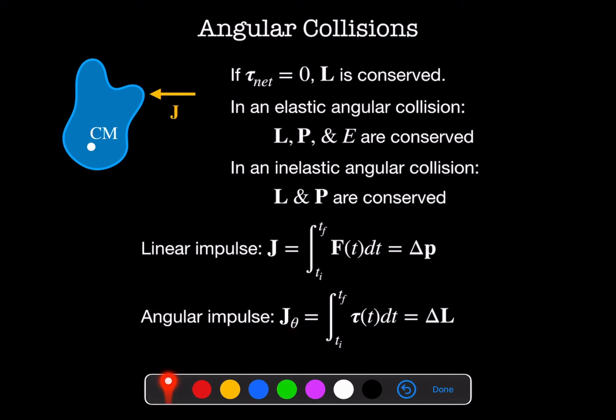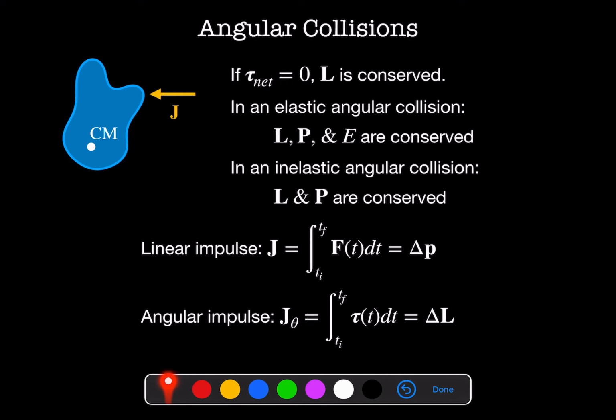This is equal to the integral from t initial to t final of some time-dependent torque dt, and this is going to be equal to the change in angular momentum. We can use these two ideas combined with the conservation conditions in order to solve for the dynamics of a system that has undergone an angular collision.